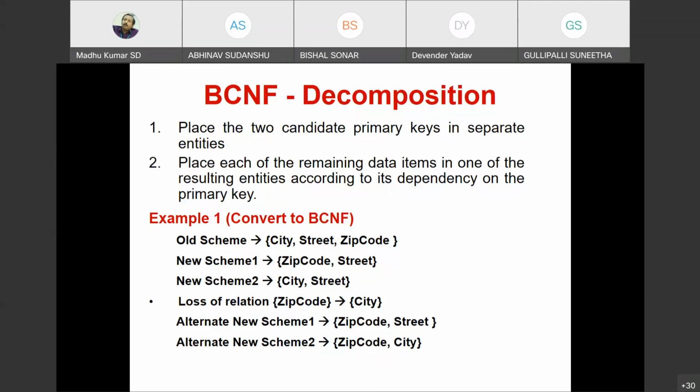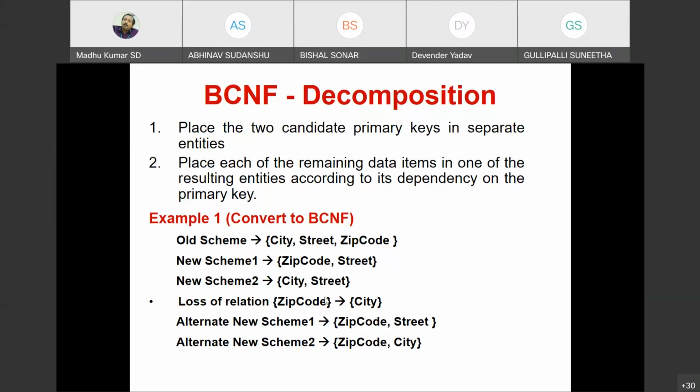Okay, so here the original table had three attributes: city, street, and pin code or zip code. This can be decomposed in two ways: zip code street and city street. When you take the join, you get the original table back because street is common in both tables.